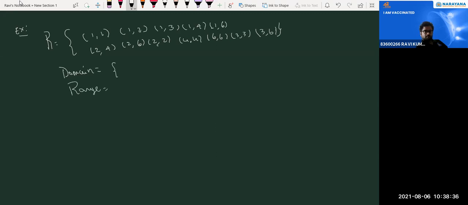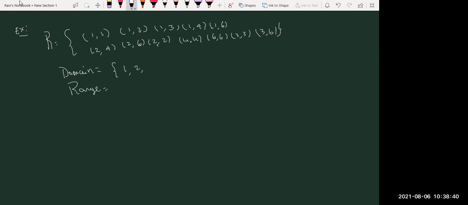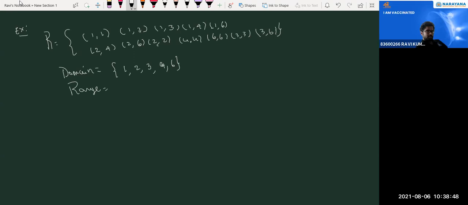Find the domain here. Tell me anyone, the domain. 1, 2, 3, 4, 6. Very good. 4 and 6 also is there. All the first elements you have to see. Check the first elements. If the same element is repeated, you don't write it.